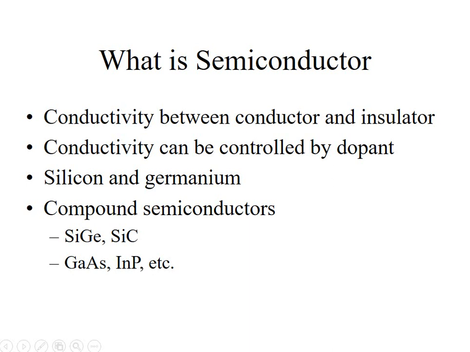There are two types of single element semiconductor material we are using right now. The first is silicon. The other one is germanium. So you have silicon, you have germanium.